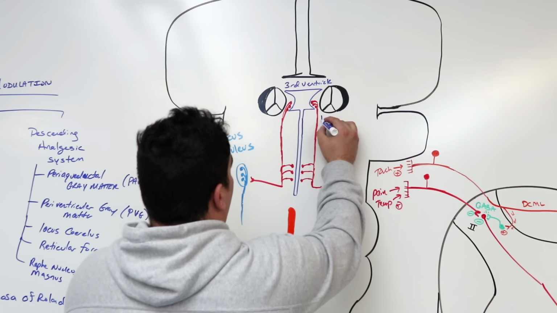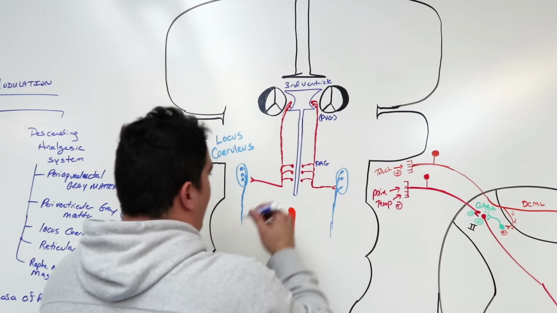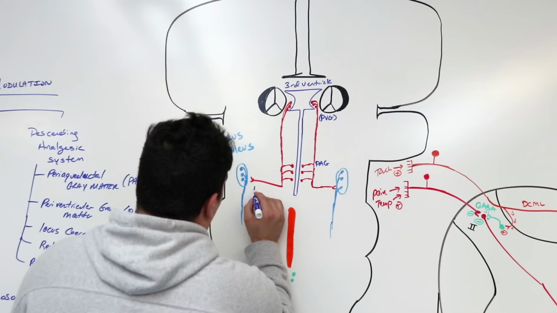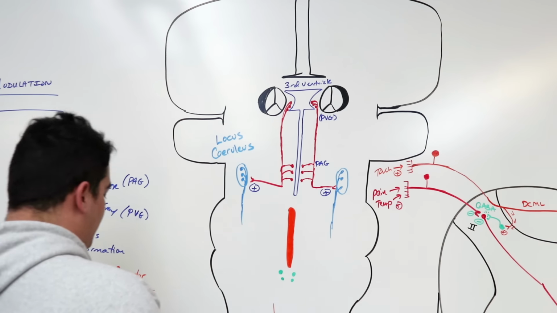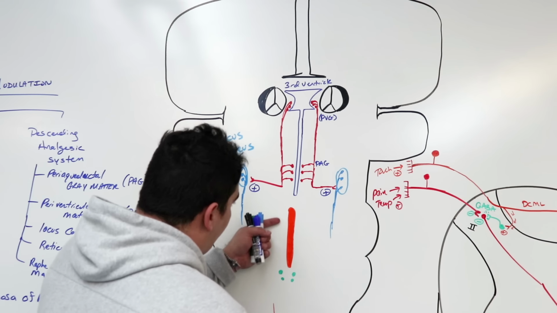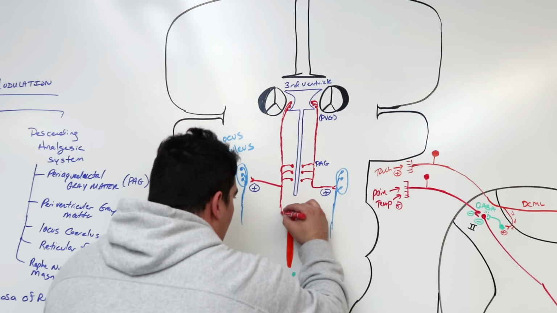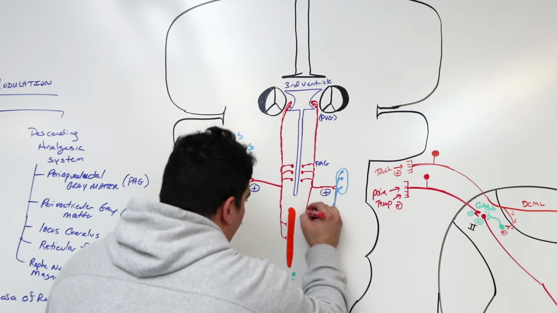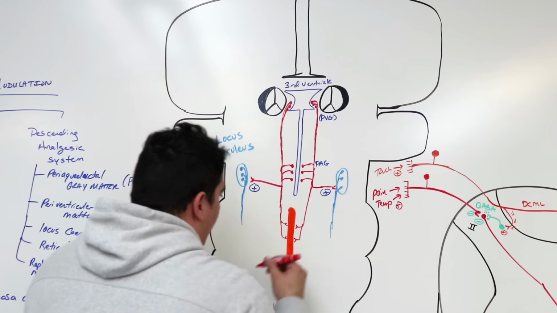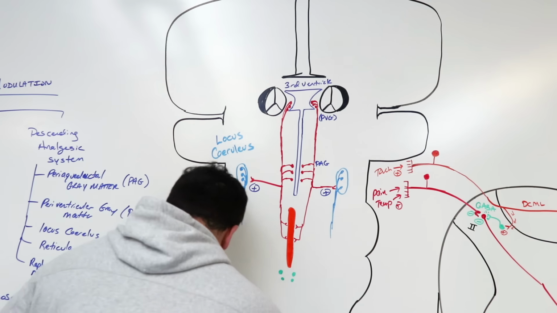So again, what was this structure here? This was the periventricular gray matter, and this one right here is the periaqueductal gray matter. They might be able to stimulate this locus coeruleus, right? What else? There are other stimulations that they can give too. Right here, they have the reticular formation. The reticular formation also has some special nuclei that are located there. And these guys got a heck of a name.